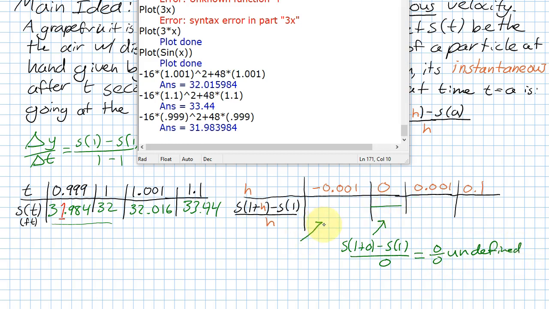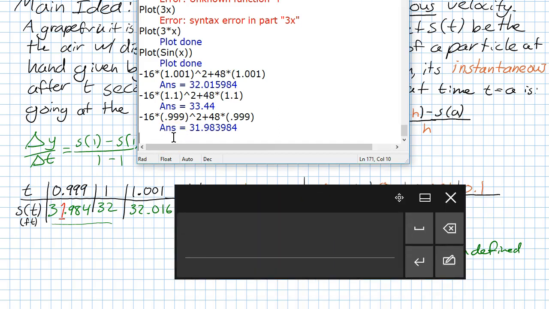Then what goes here will be s of 1 minus 0.001 minus s of 1 over negative 0.001. And to do that, we can use the fact that 1 minus 0.001 is 0.999. So we have these function values here.